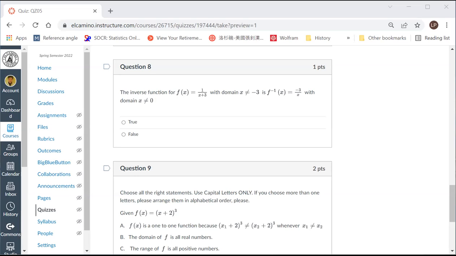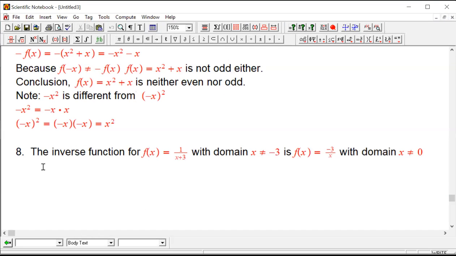Let's look at this question. Is that true or false? Well, it seems that the domain makes sense.